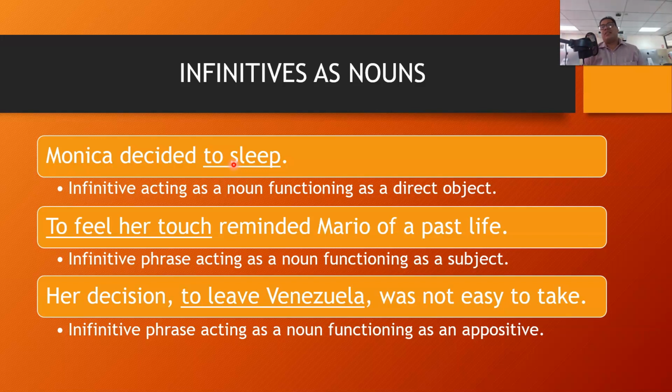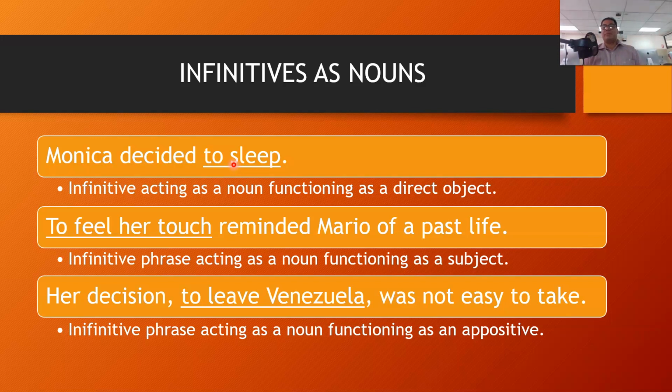If you can decide to do something, of course you can use an infinitive there, right? Monica decided something. She decided to sleep. So we say Monica decided what? She decided to sleep. If it is answering the question what after the verb, then by force it has to be a direct object. So that's an infinitive acting as a noun, functioning as a direct object.